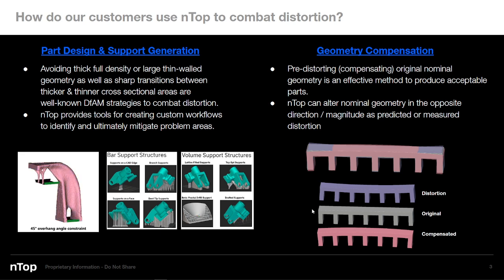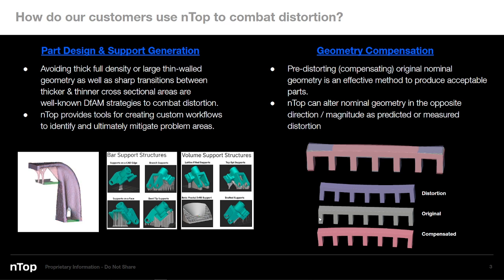It's going to distort and look more like what the original design intent is, instead of distorting away from that and ending up with the smiley face. So you basically create the frowny face, distorted or pre-compensated part, and then when distortion occurs, you end up with something right along the lines of what you originally intended.